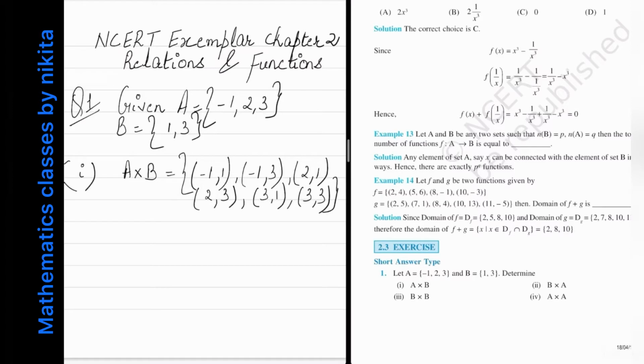If you want to check the cardinality, the number of elements in A cross B will be 3 into 2, which is equal to 6, and we have got 6 elements.